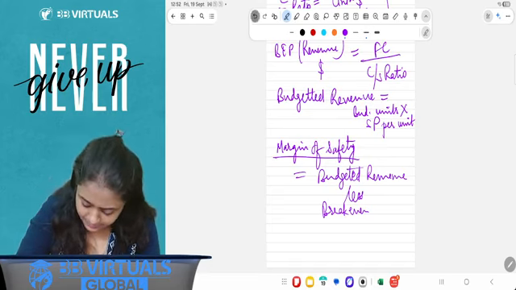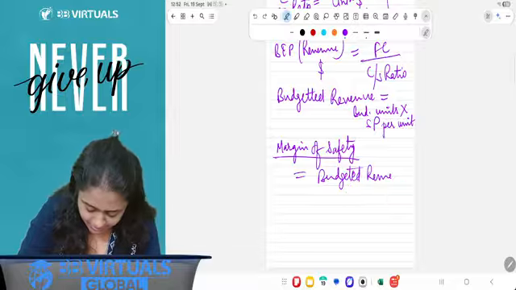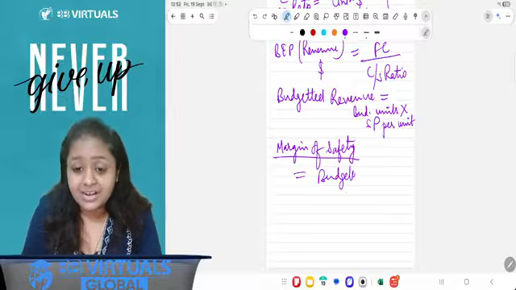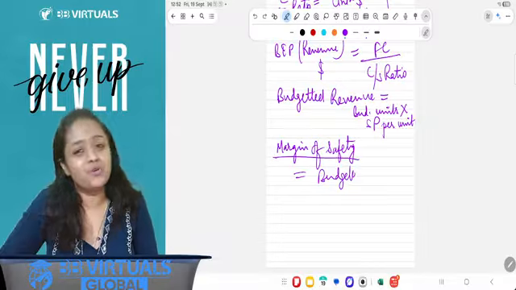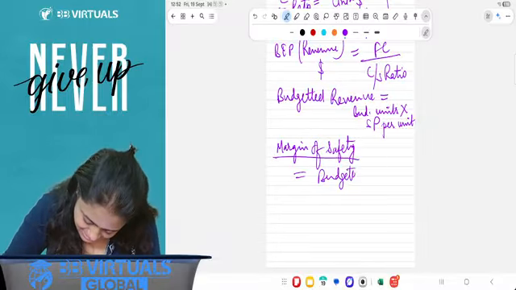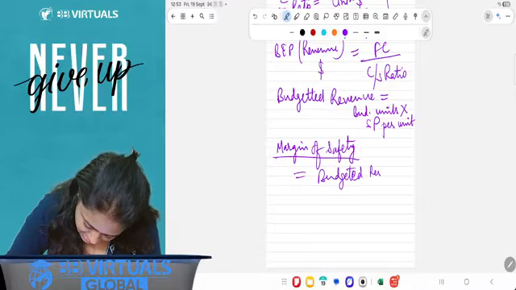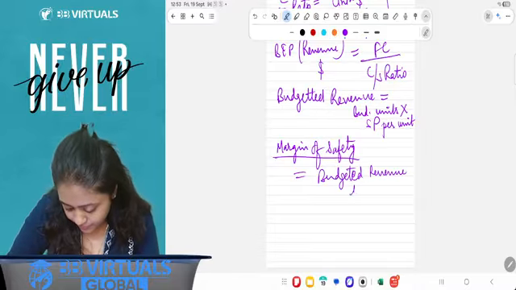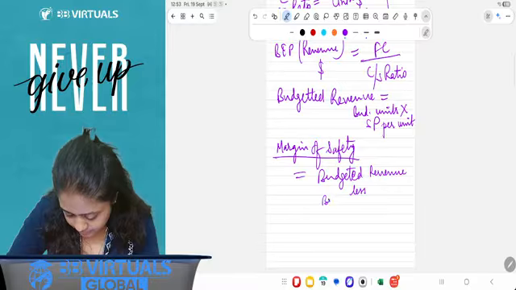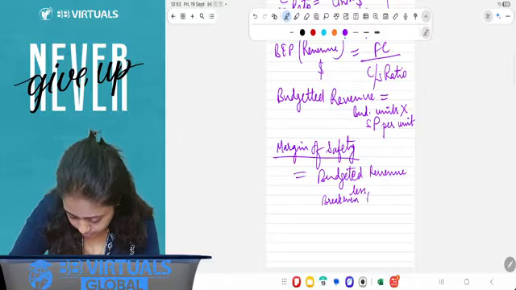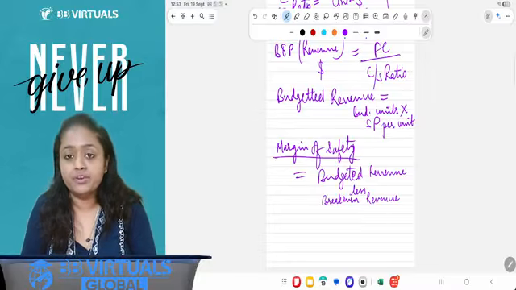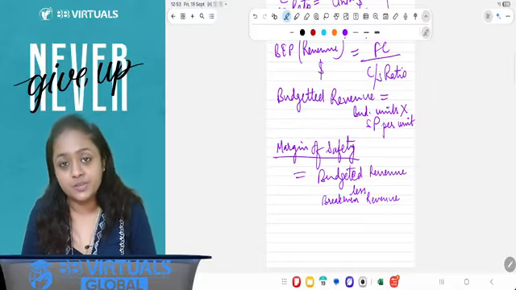Ignore my handwriting, please. Understand the logic and the concepts. So it is budgeted revenue less break-even revenue. That is margin of safety.